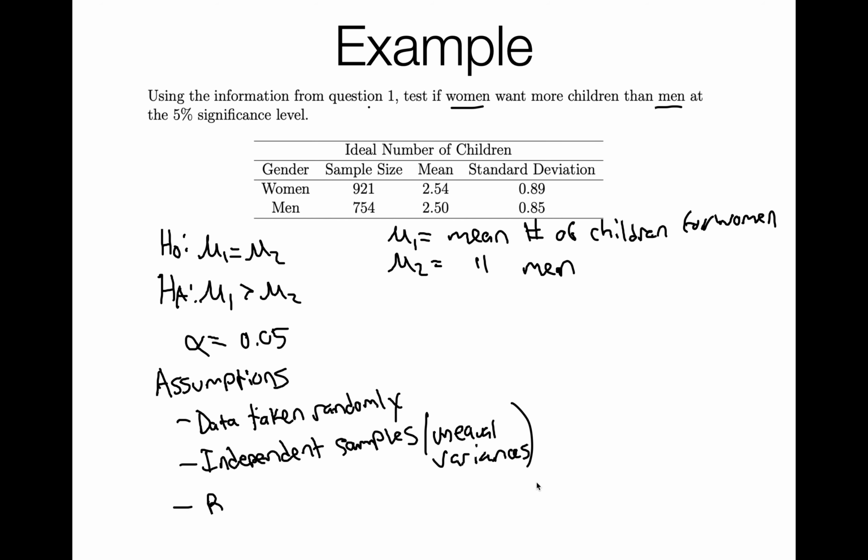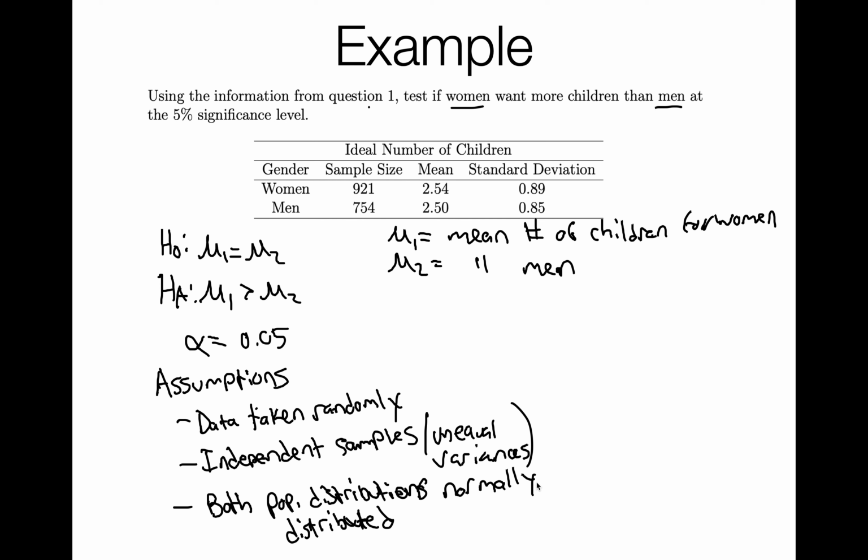And third, both population distributions are normally distributed. Sorry for my terrible handwriting again, but hopefully that makes sense.